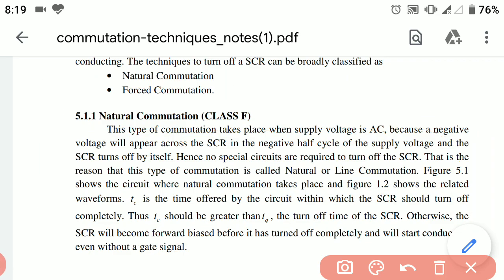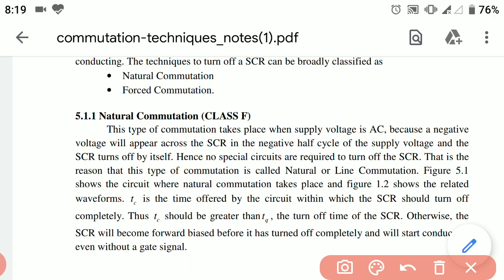So for the positive cycle it conducts, and for the negative cycle it is reverse biased, so it is turned off. There is no special circuit required to turn off the SCR. That is why this technique is called natural or line commutation.